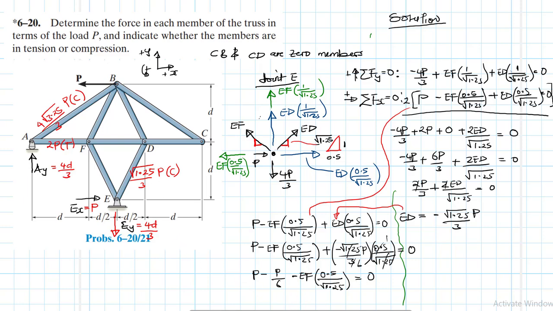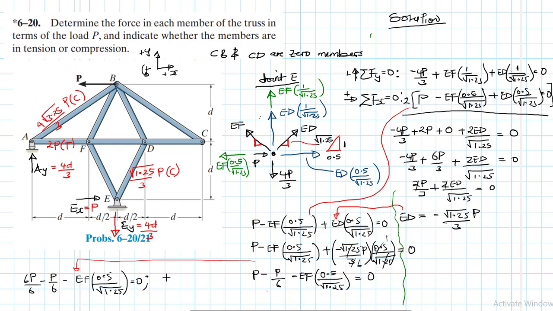Okay, so this therefore gives us P minus P over 6, EF 0.5 divided by root of 1.25 equal to 0.